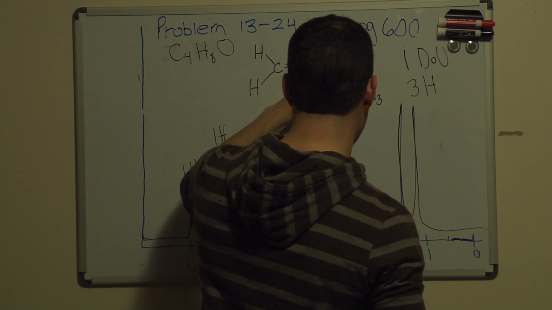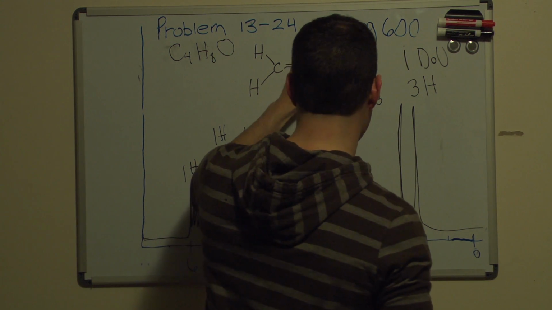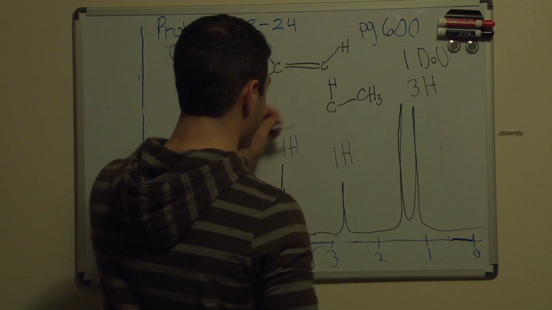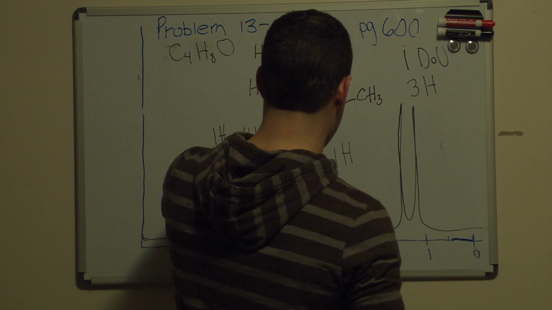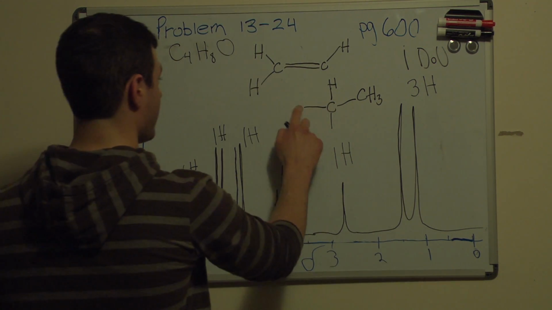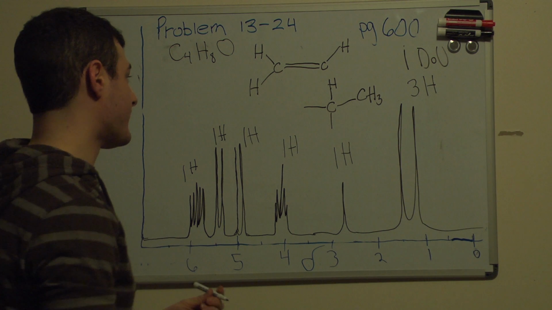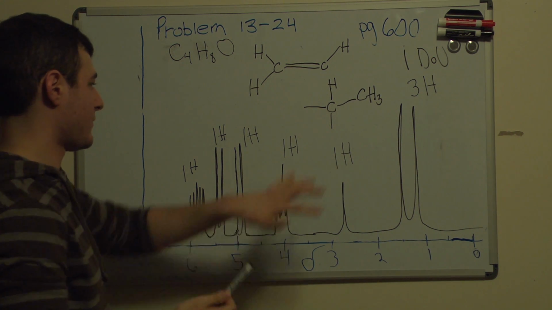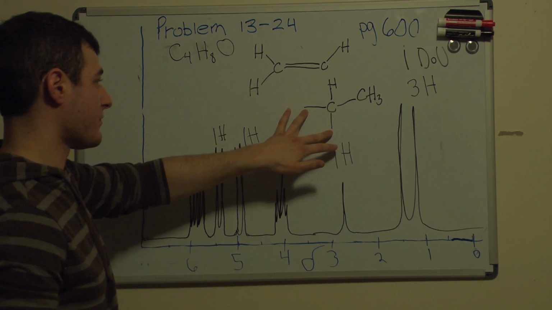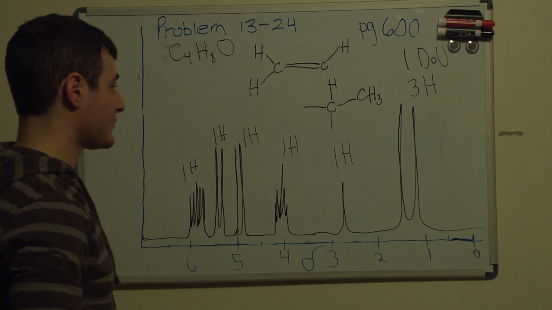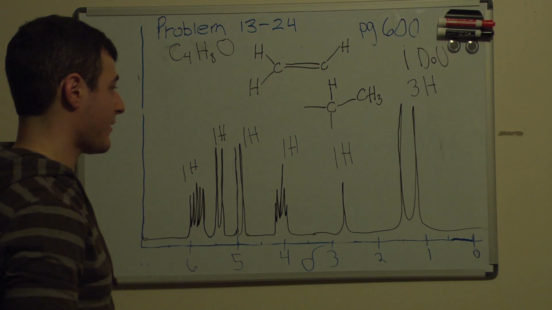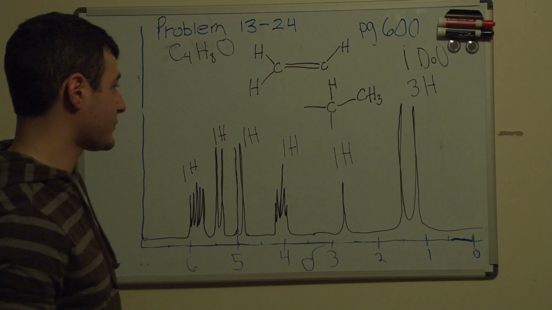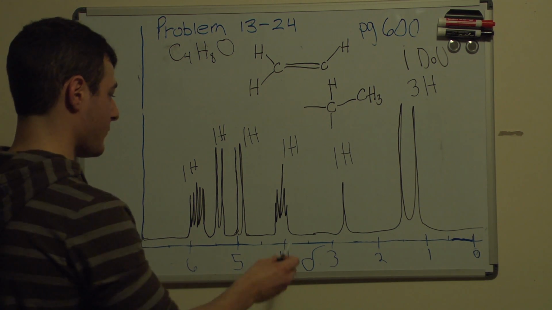It's being split by a single hydrogen adjacent to it. So this guy's going off into 2 different regions, isolated, not next to any other hydrogens. So that takes care of this peak, and it also takes care of one of these.